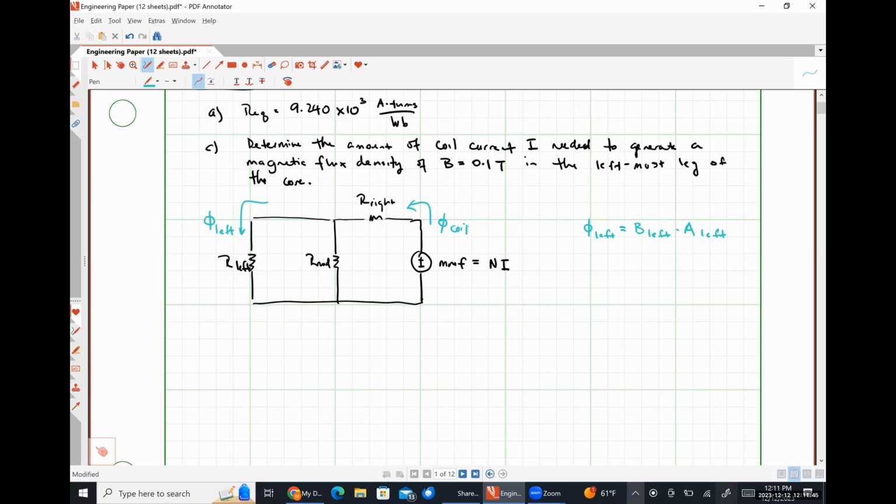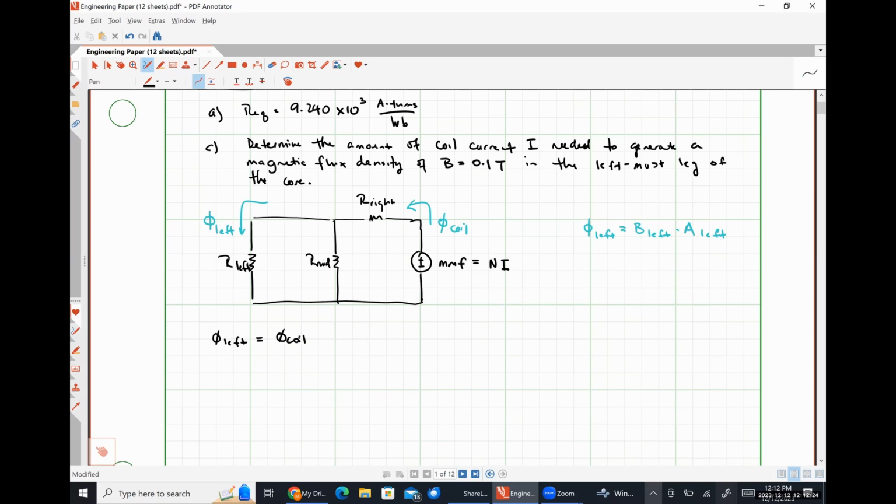So do any of you guys remember how current division works? So we can do it that way, sure. Since we only have 2 parallel branches that we're dealing with, we can definitely use the resistance of the opposite leg, or in this case, the reluctance of the opposite leg, to give us the relationship that we're looking for. So we would say that phi left is equal to phi coil, right?